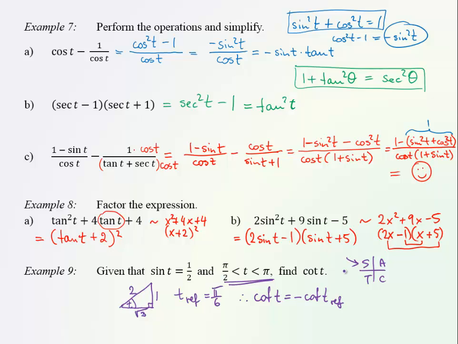Cotangent is negative in the second quadrant. Okay, so that's negative cotangent of pi over 6. And then we can look back into the triangle. Cotangent of pi over 6 is root 3 over 1. So overall we have negative root 3. Final answer.